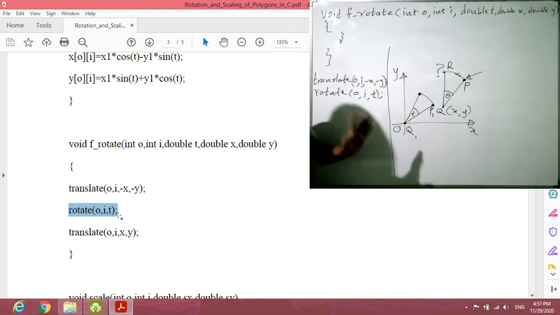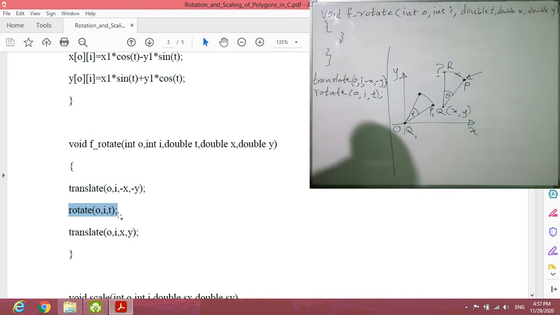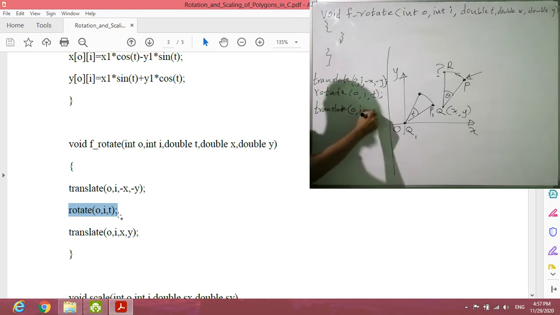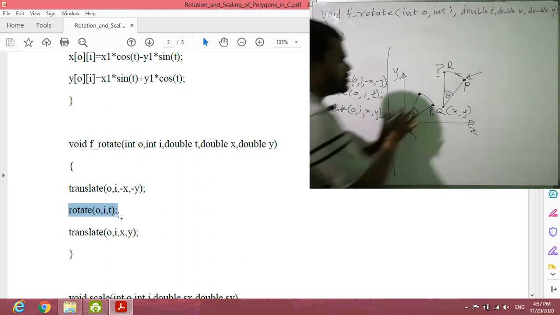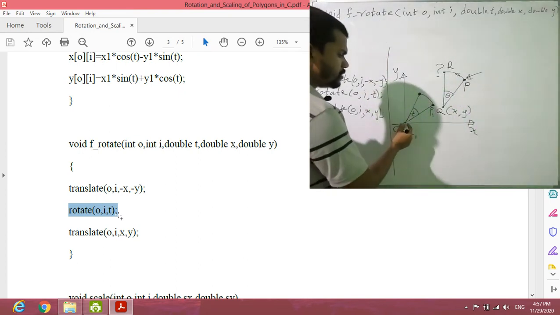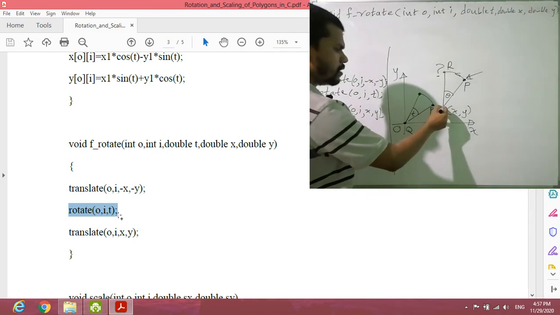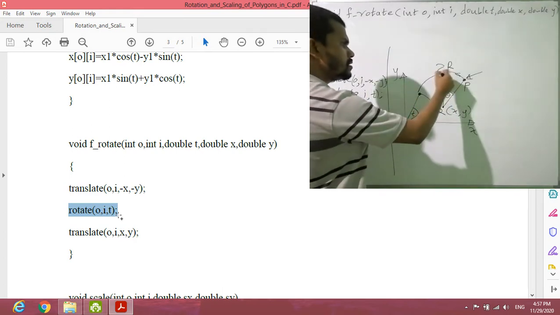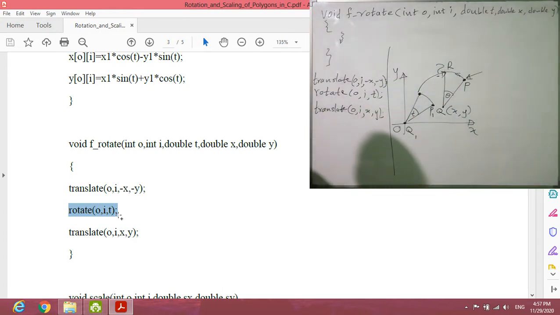Now again we are going to shift this to its original position. Again we translate o comma I by x comma y, that means we translate again. This one goes here, and this one goes here. That means now after these three operations we have computed the coordinates of this particular point.